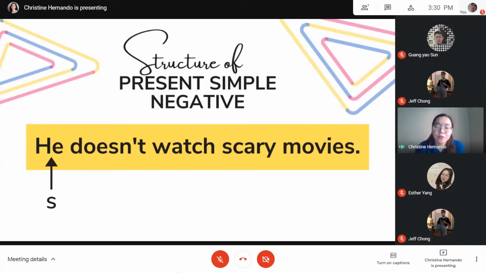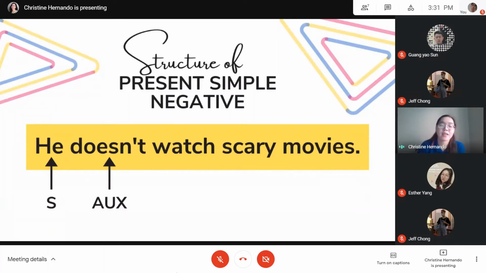How about the negative contraction used, or the auxiliary verb? Yes, Isaac. What is the negative contraction used in the sentence? The negative contraction used is doesn't. That is correct. The auxiliary verb is doesn't.